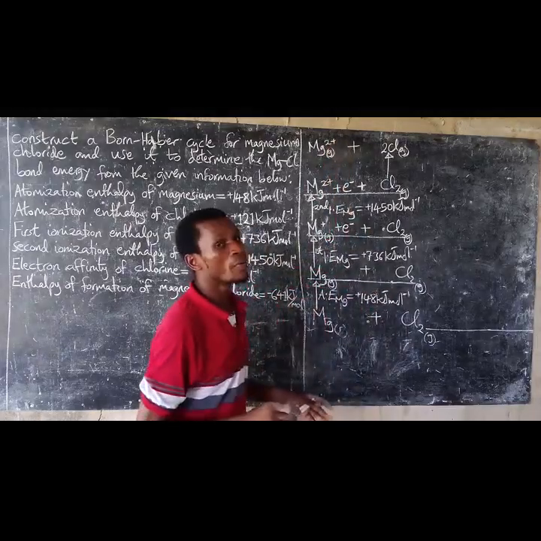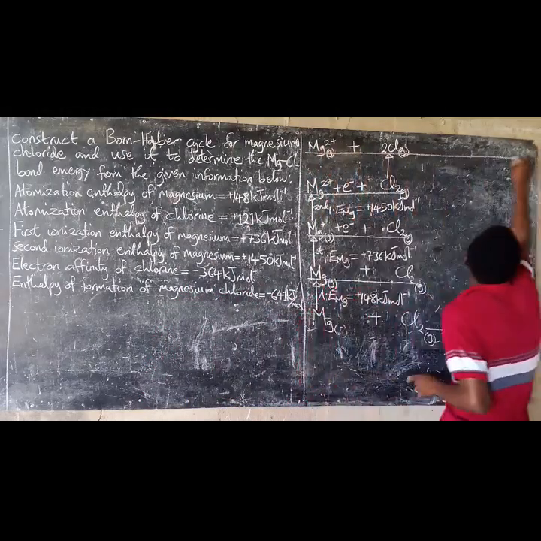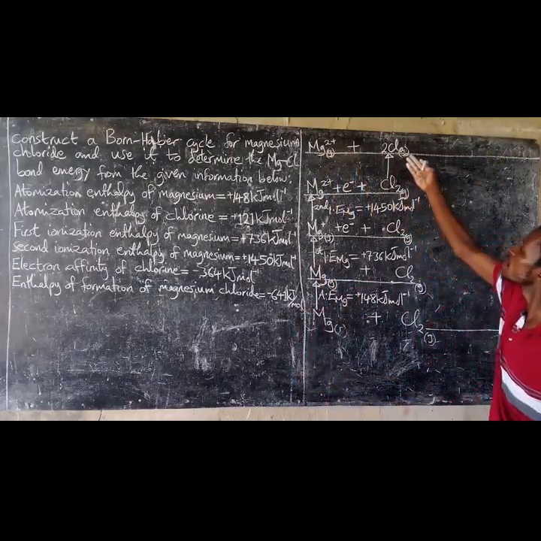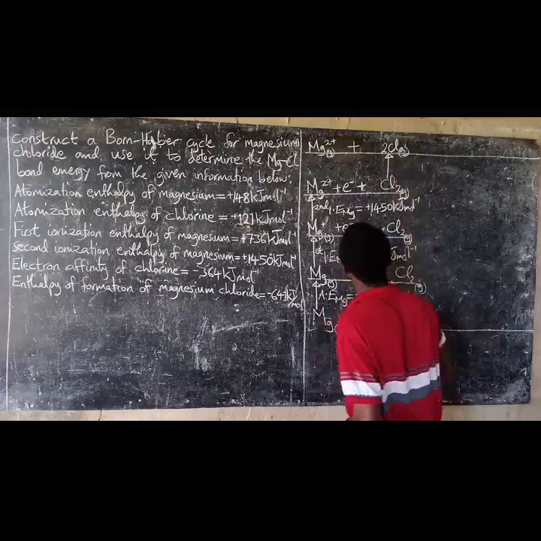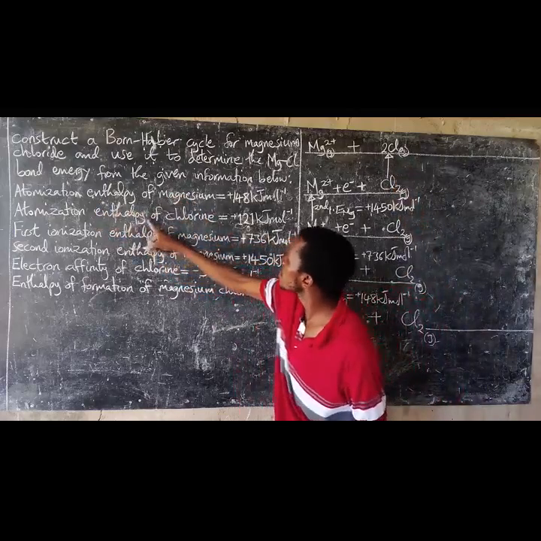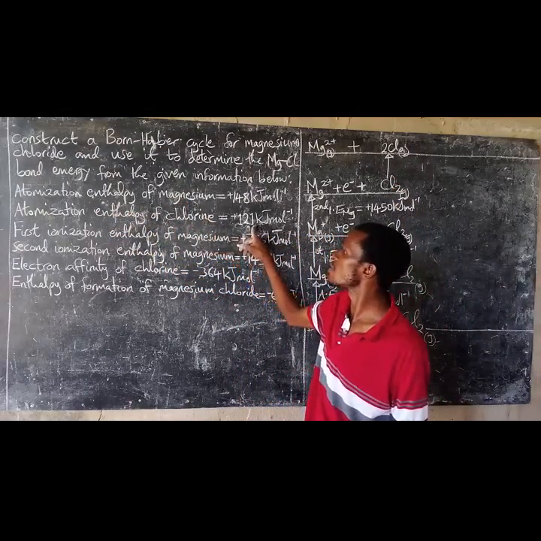Then we have to draw a horizontal straight line indicating that the chemical species are in the same energy level. This is a dissociation energy. But we have been given the atomization enthalpy or atomization energy of chlorine, which is equal to this one.